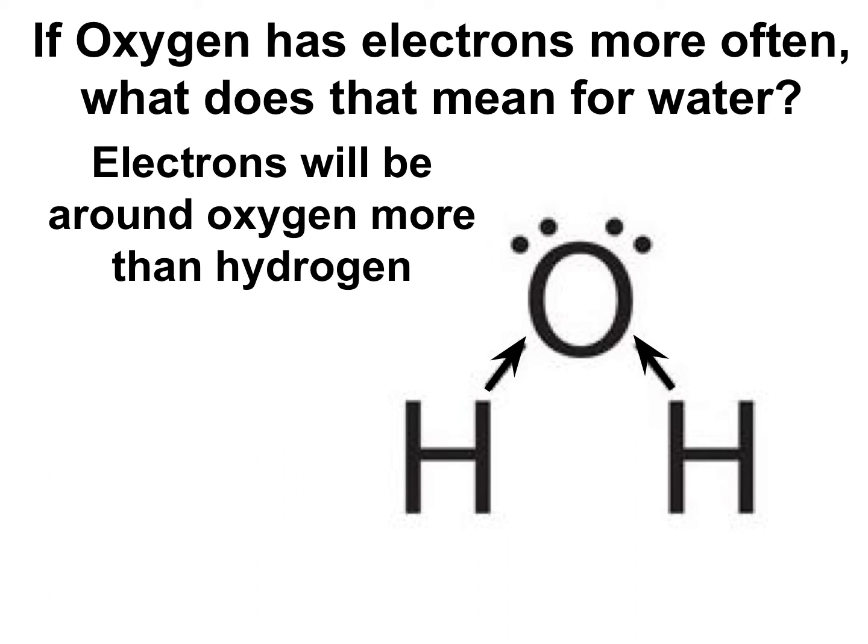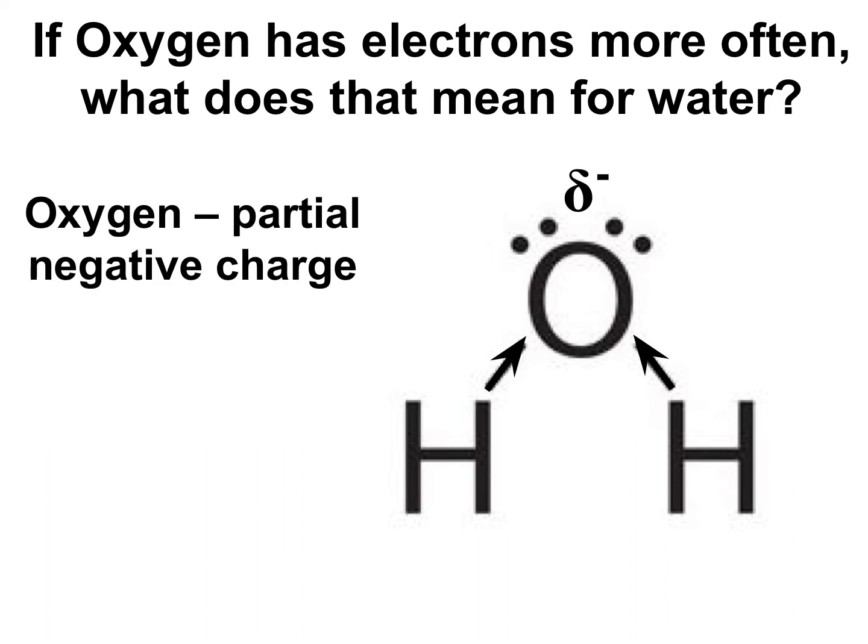So still, why do we care about that so much? Well, what this means is that oxygen will have a partial negative charge because those negative electrons are hanging around the oxygen more often. Now, in biology, we use the Greek lowercase letter delta to show that the negative charge is a partial negative charge.